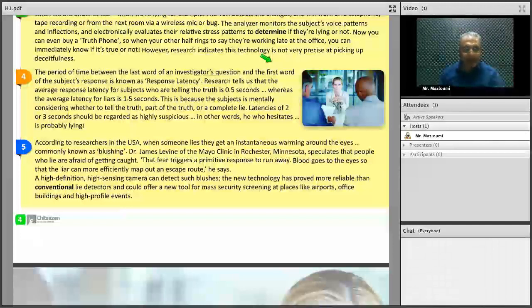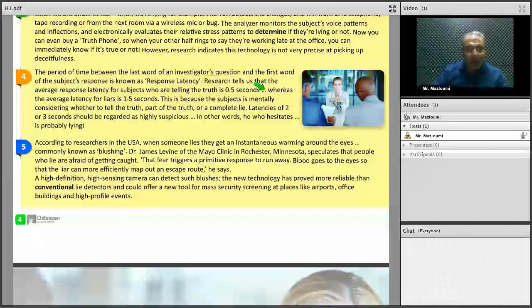Research shows that the average response latency for subjects who are telling the truth is 0.5 seconds. So, according to the research, the average response latency is about half a second, of course, in case the subject is telling the truth, not telling lies.